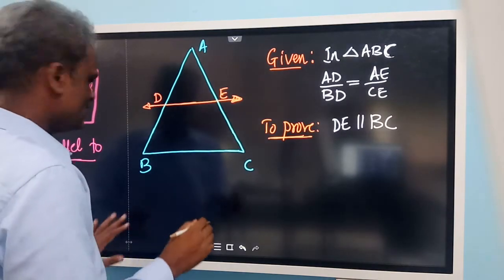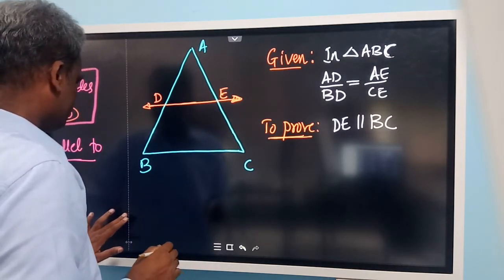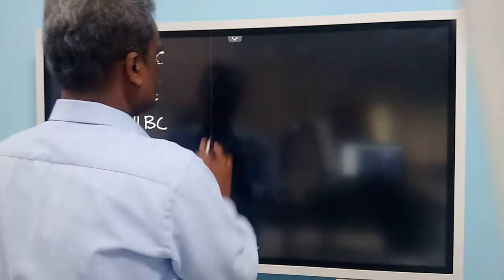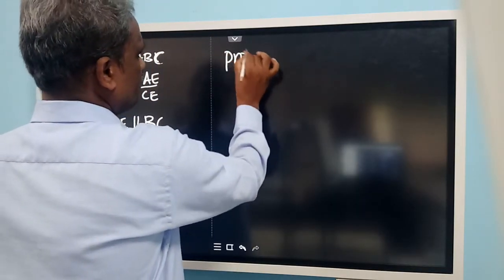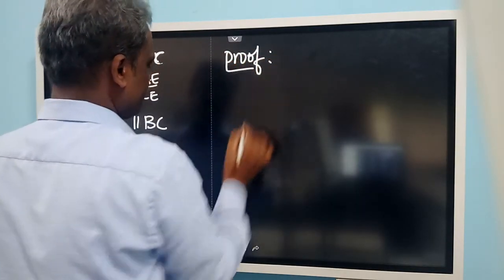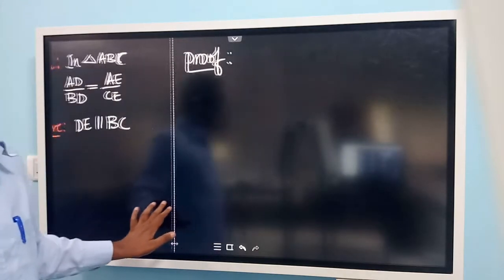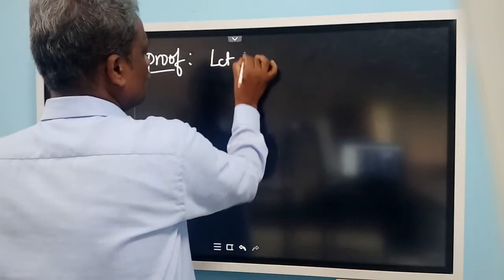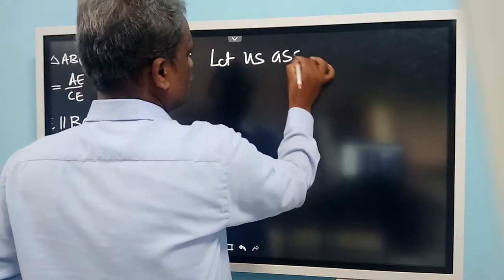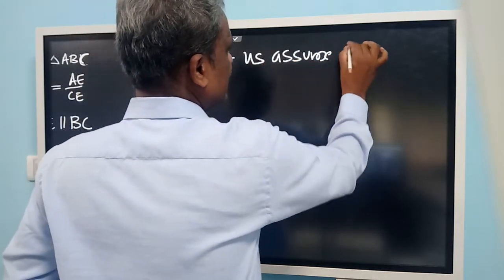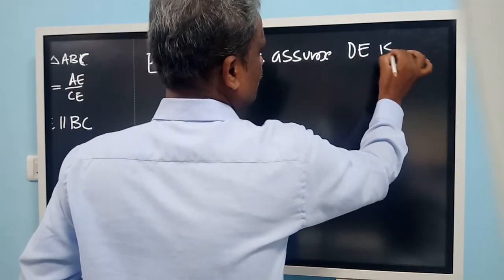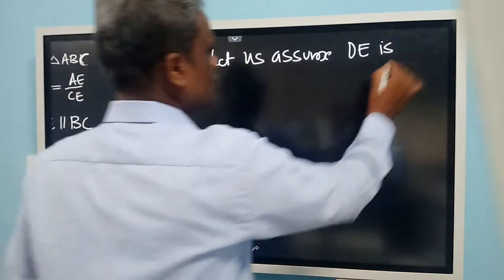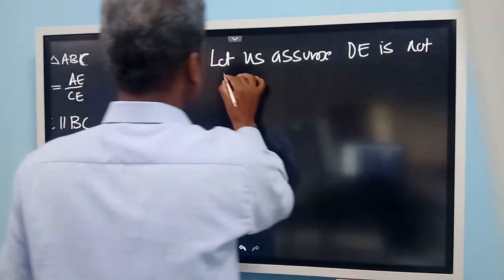Okay, so let us go to the proof. Let us assume DE is not parallel to BC.